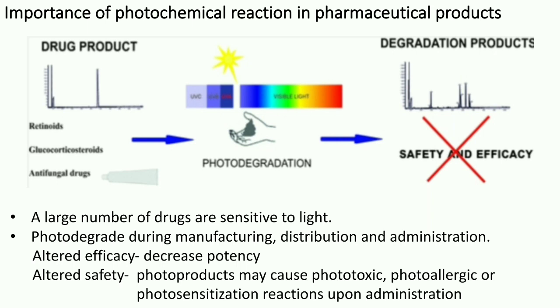The photodegradation of the drug may reduce the potency of the drug product. At the same time, the product of the photochemical reactions may be toxic itself, or it may cause phototoxic, photoallergic, or photosensitization reactions upon administration.